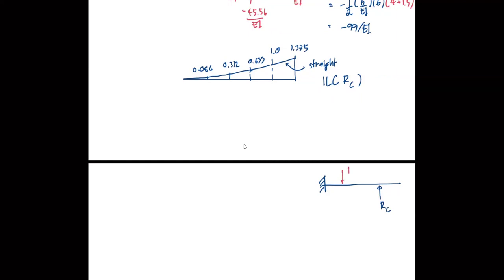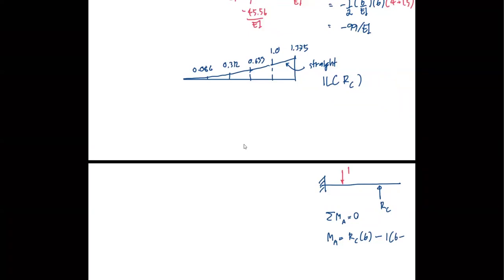You don't want to know RA, so you can just take moment at A. Sigma MA equal to 0, you will have MA equals RC multiplied by 6 minus 1 multiplied by 6 minus x.